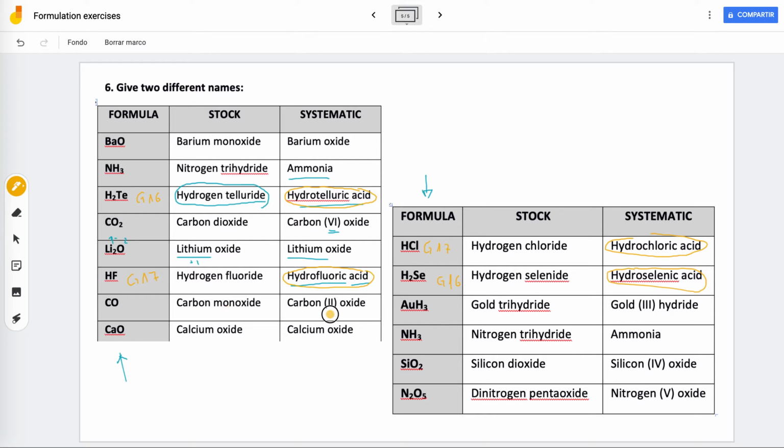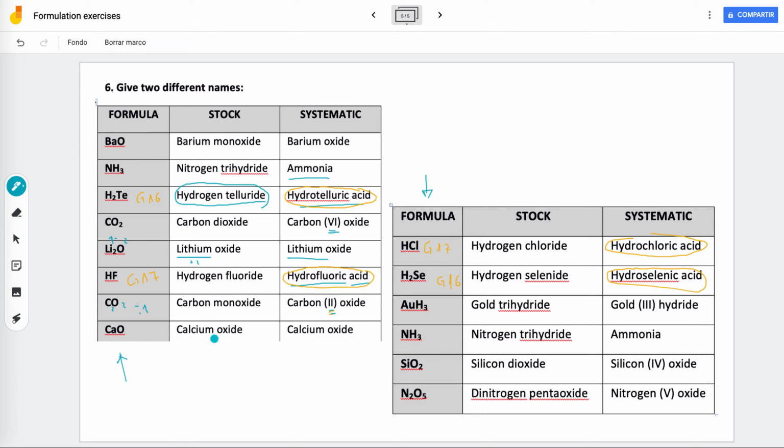In this case, carbon has oxidation number of 2. We write it down. Yes, because this is like having a 2 and 2, and then we divide it by 2.